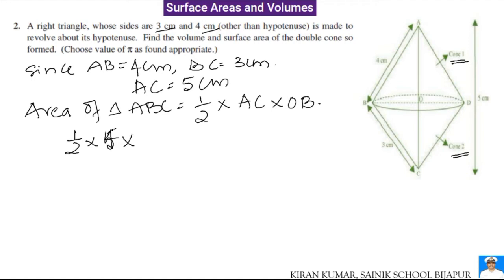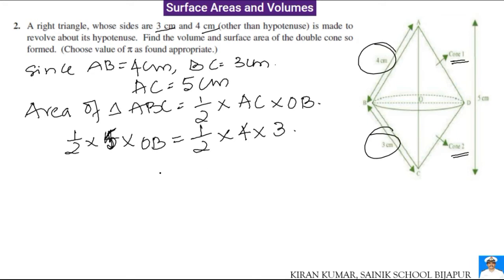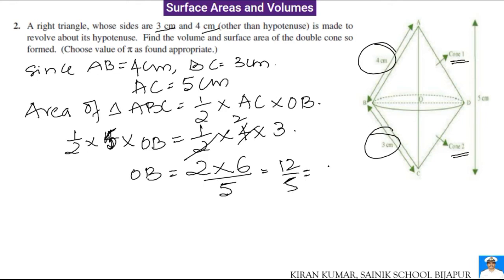AC is 5 units, and this will be equal to half into 4 into 3, because in this triangle we can consider half base into height. If this is the base, we can consider this as the height. So OB will be equal to 12 by 5, which is equal to 2.4.